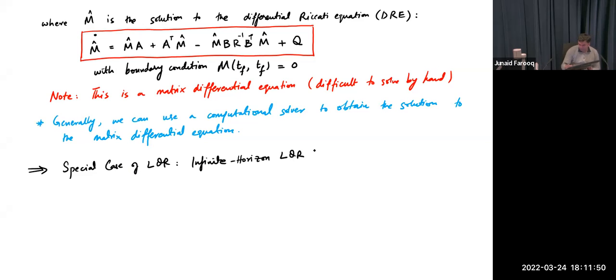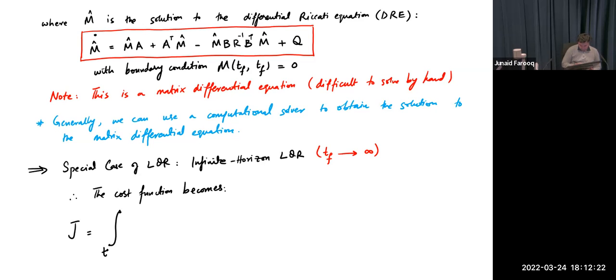LQR, and really what this means is that the tf goes to infinity, right? So if I want to write the cost function in that case, then the cost function becomes an integral from t to infinity.